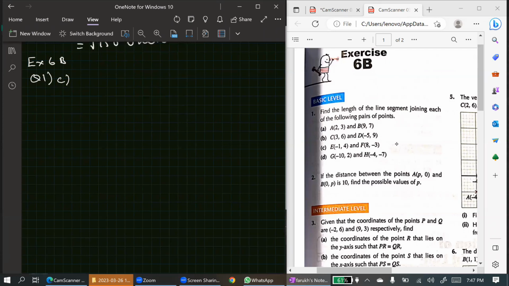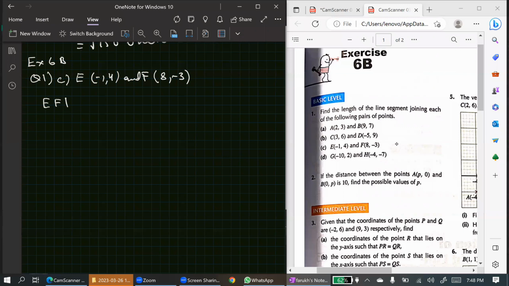We want to find out the length of the line joining the 2 points E (-1, 4) and F (8, -3). We want to find out the length of the piece EF.